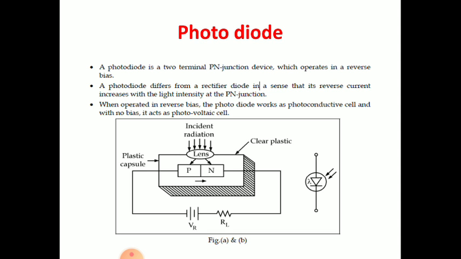If you remember the VI characteristics of a normal diode, in the first quadrant, that is in forward bias, we have an exponential relation with the voltage.